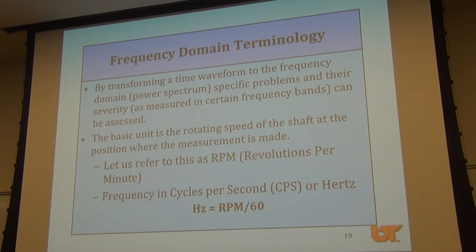If you go to a high-speed turbine, then the speeds will be much higher. You go beyond 10,000 RPM, 20,000 RPM, and so forth. But most of the basic electrical devices, they probably have frequencies less than 60 hertz.